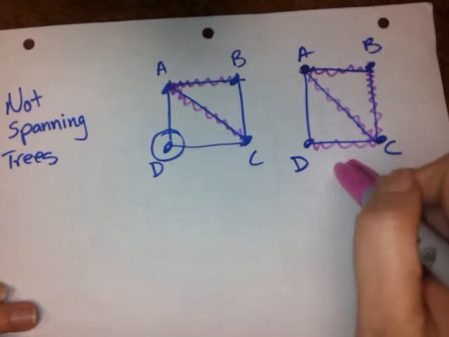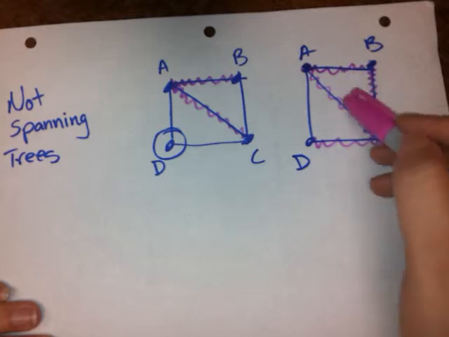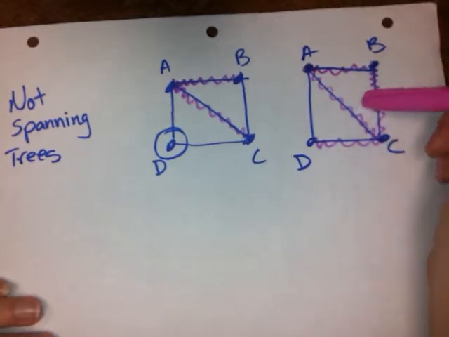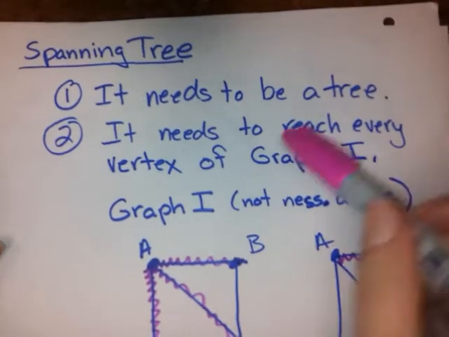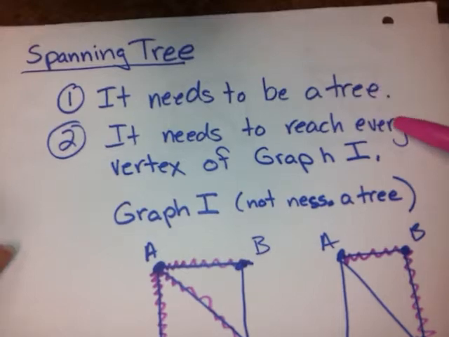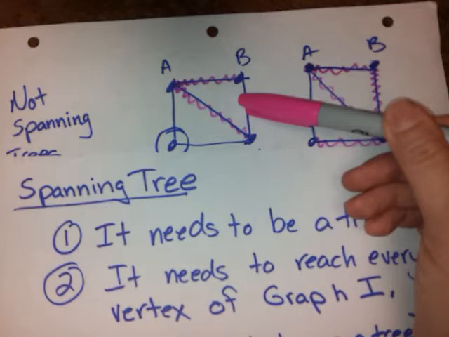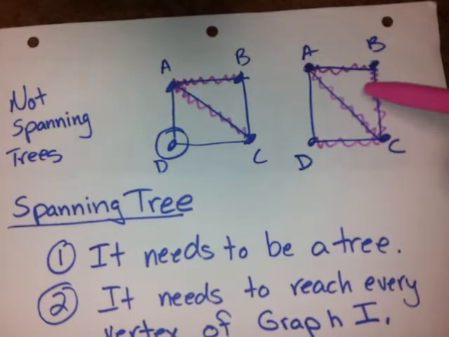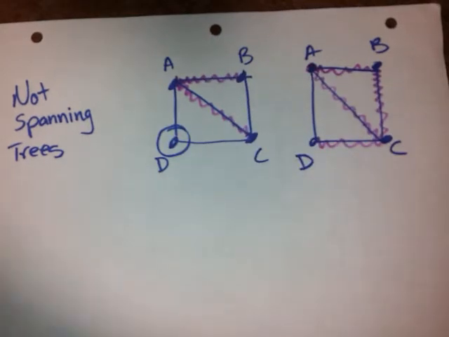Is it a tree? No, it's not. There's a big old cycle happening right here, a big old circuit. I'm sorry, using different graph theory terminology. But there's a circuit there, so it's not a tree. And our rule says for it to be a spanning tree, it needs to be a tree and it needs to reach every vertex of graph 1. This one is a tree, but it doesn't reach all the vertices. This one reaches all the vertices, but it's not a tree. So that's why these two are not spanning trees.